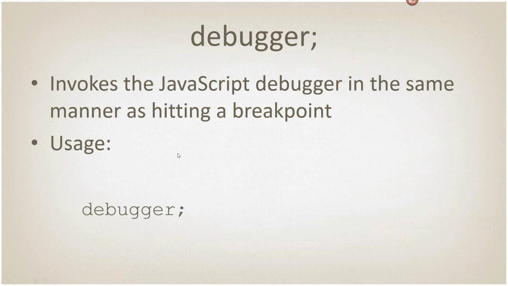Okay, another thing we can do is add a command to our JavaScript that will tell our browser to start debugging when it hits that command. The command is simply called debugger.